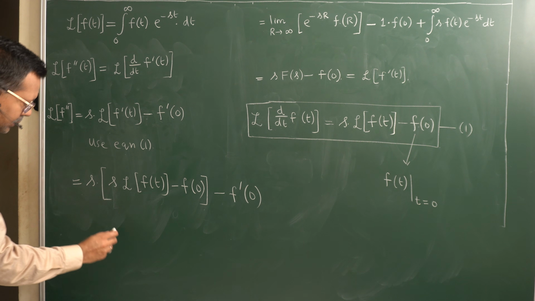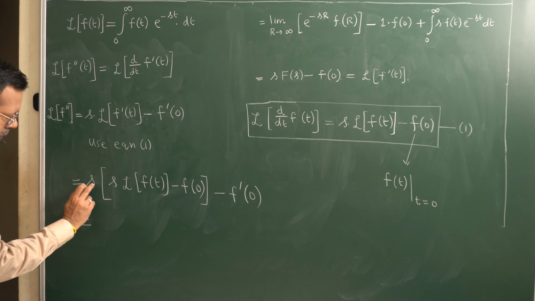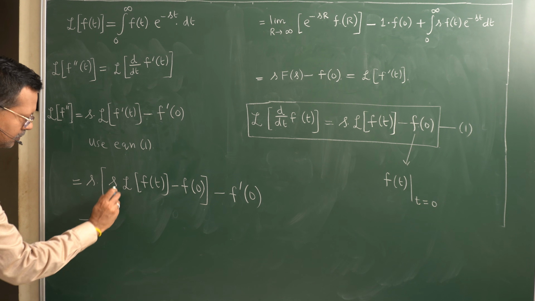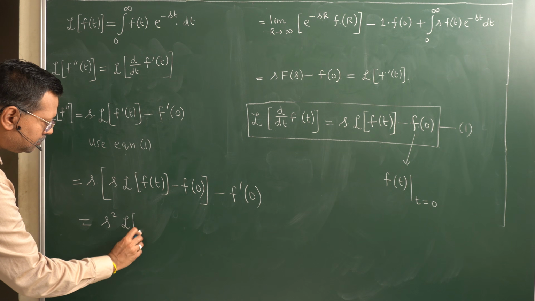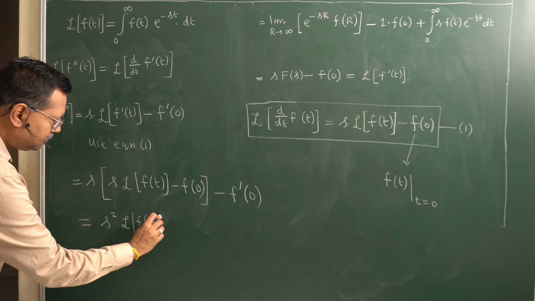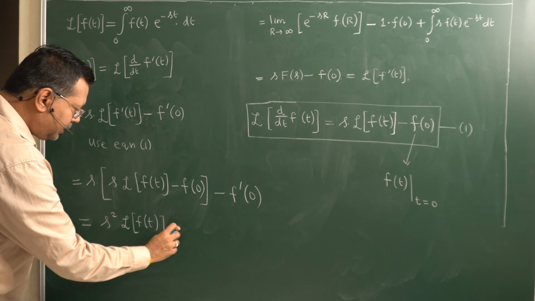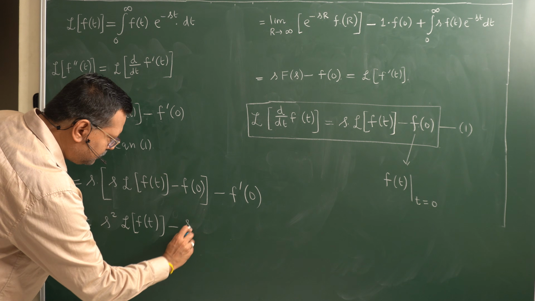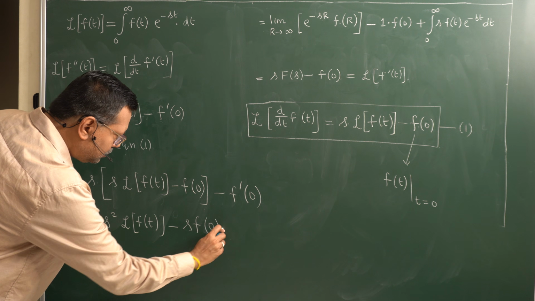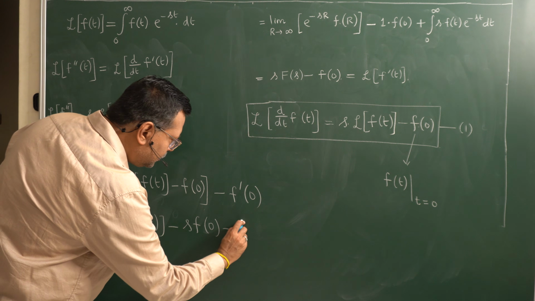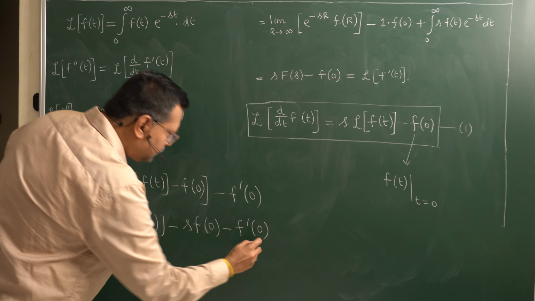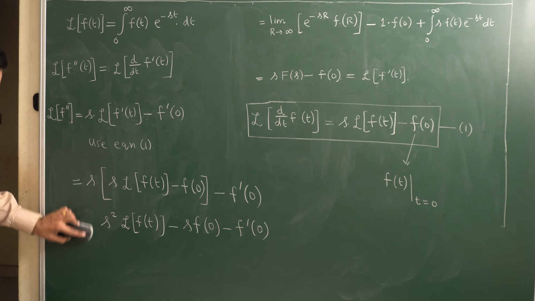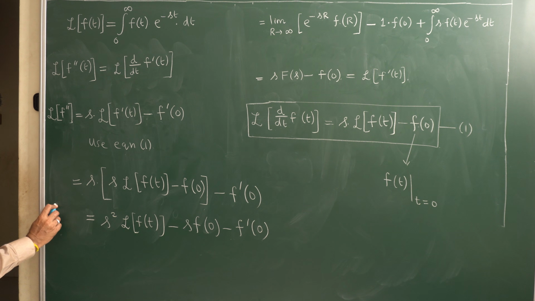Now you can simplify this, which is equal to s into s, and you have minus, there is one more s here, here no s, and that's all. So now this is the Laplace transform of f double prime.